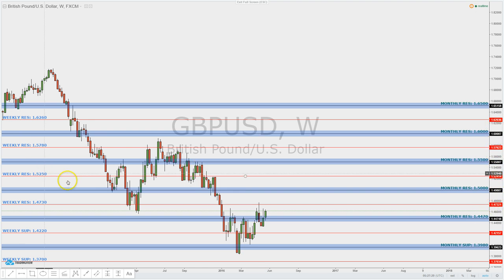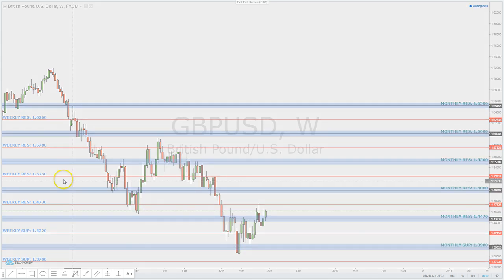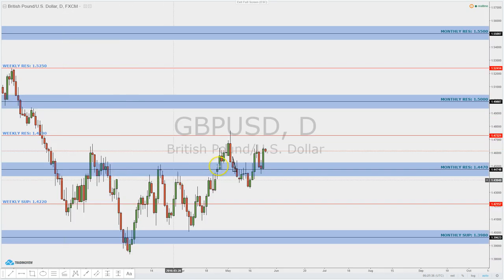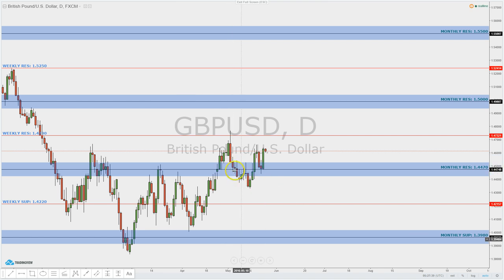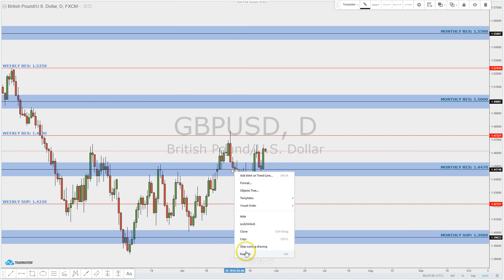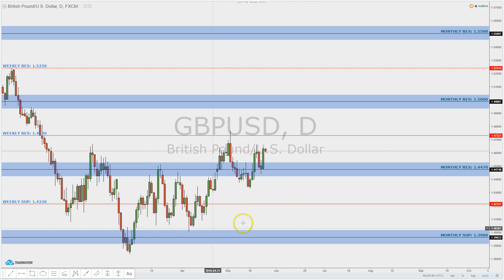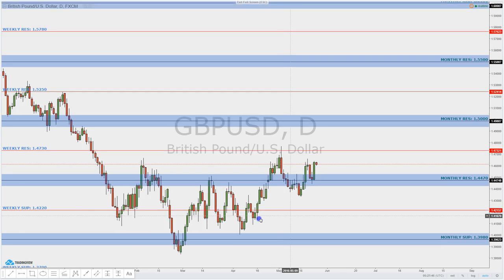Okay, so let's go down to a daily time frame just to see how price reacts, just so you can see that these zones are very accurate once again. So let's see.